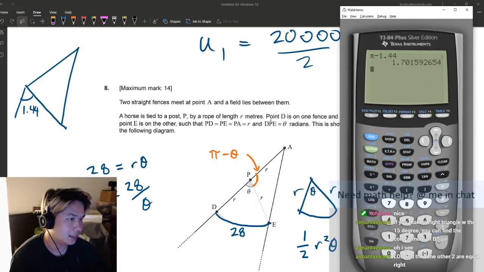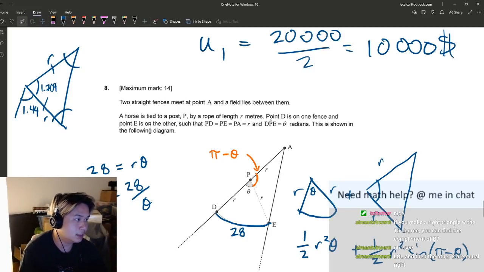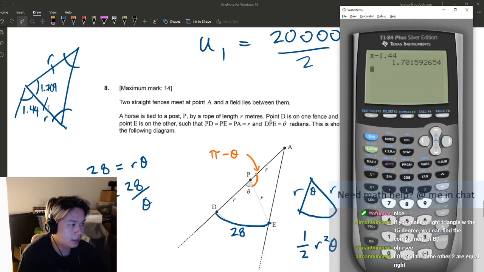Yeah, it's an isosceles. Okay, because this is R and then this is R, this is an isosceles triangle, which means that these two angles are the same. So all I do is, you know that they all add up to 180 together. So I take this, and then I subtract it from pi, because we're in radians, 180, and then I just divide it by 2.